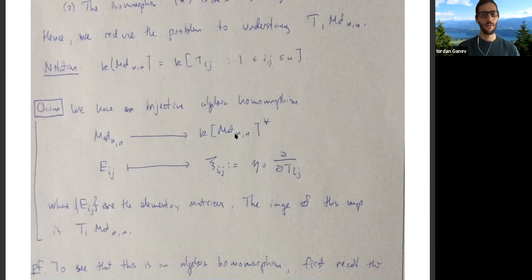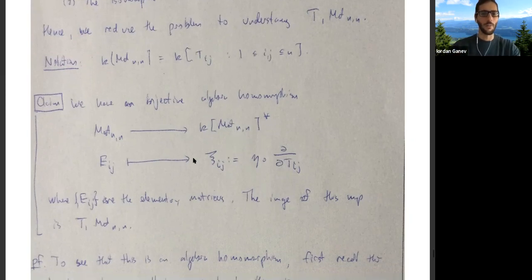This is maybe a bit weird. There's another injective algebra homomorphism that you may be thinking of if you're familiar. This is not quite that one, because I want to make sure everything is a derivation.